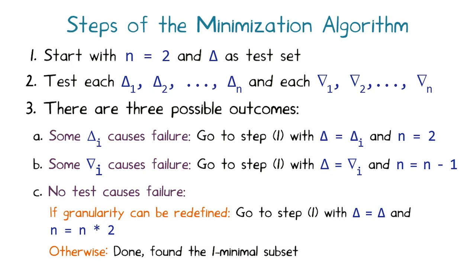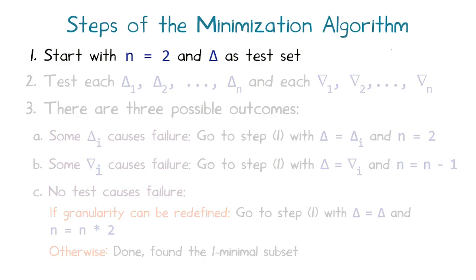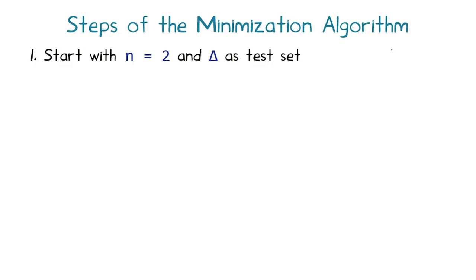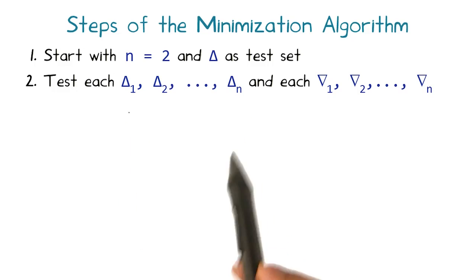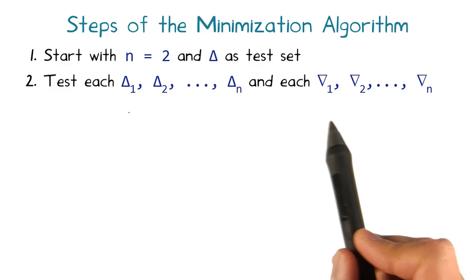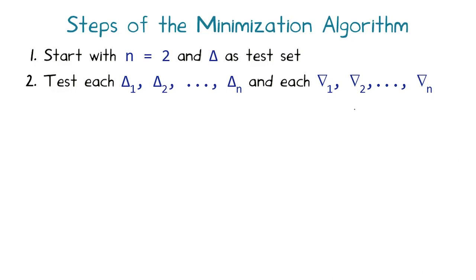It has two parameters, n and delta. It starts with n equals 2 and delta equal to CF, which is the full set of elementary changes. Given n and delta, the algorithm divides delta up into n pieces, delta 1 through delta n, and computes their complements nabla 1 through nabla n appropriately. It then tests each delta i and each nabla i using the test function.